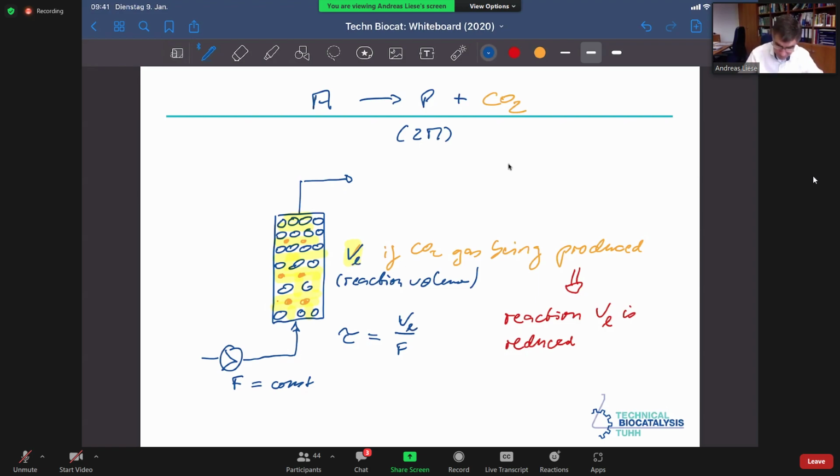Now the flux here is constant because our pump is set to a specific rate, feeding the liquid phase. The reaction volume is a problem because it is reduced by the carbon dioxide gas reducing the liquid volume.